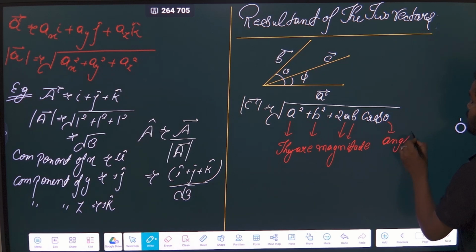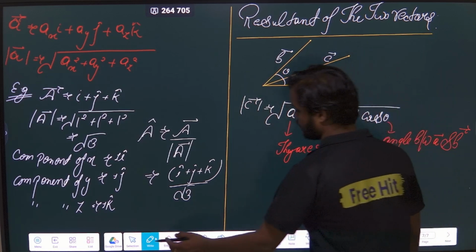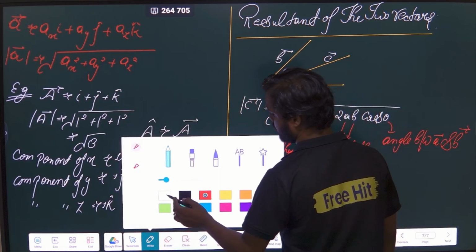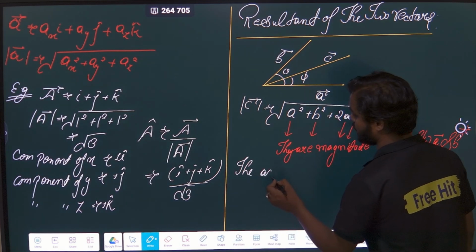Angle between vector A and vector B, that is theta. Now there is one more thing: the angle phi. How will you find the angle phi?